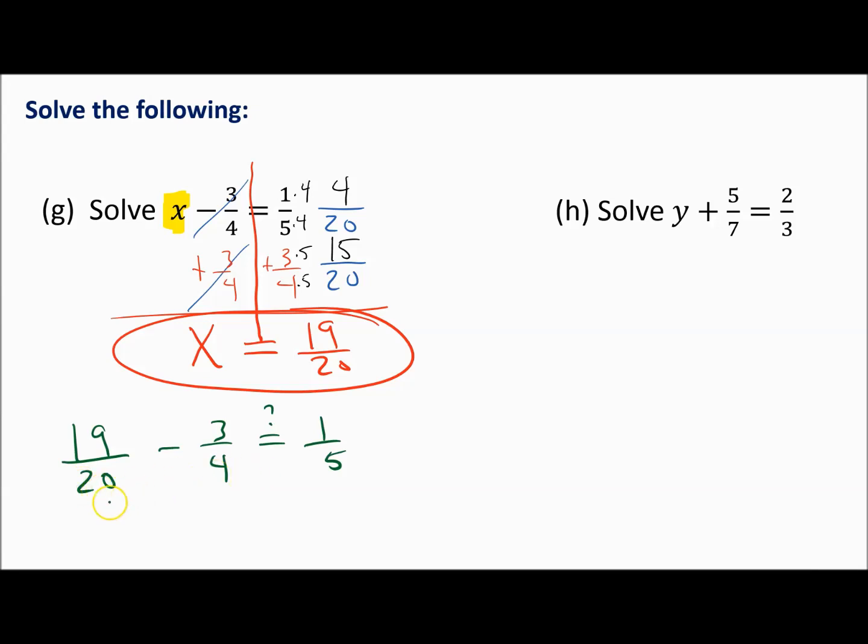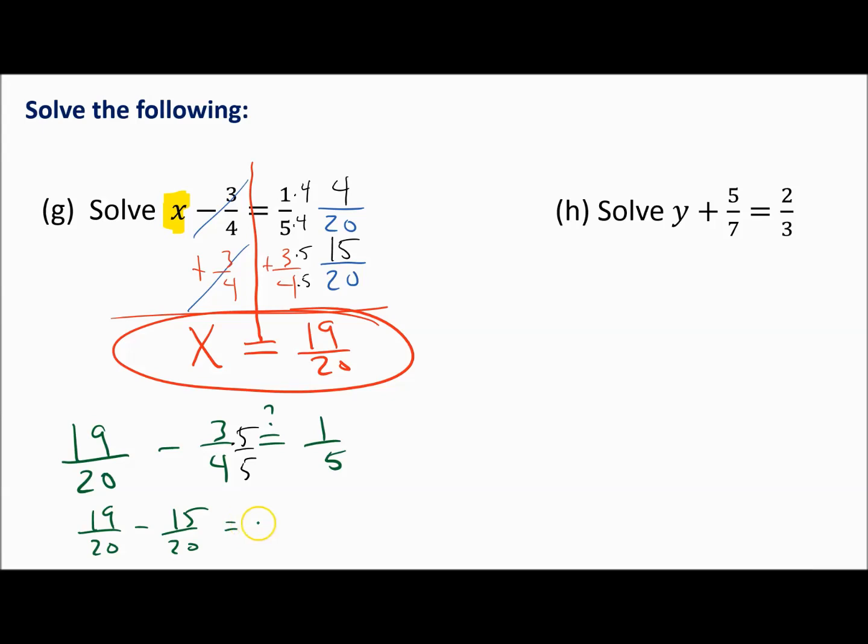Once again, not allowed to subtract this right here until I have a common denominator. So to make this 4 a 20, I'm going to multiply by 5 over 5. Okay, so that gives me 19 over 20 minus 15 over 20. Let's keep simplifying that, okay?